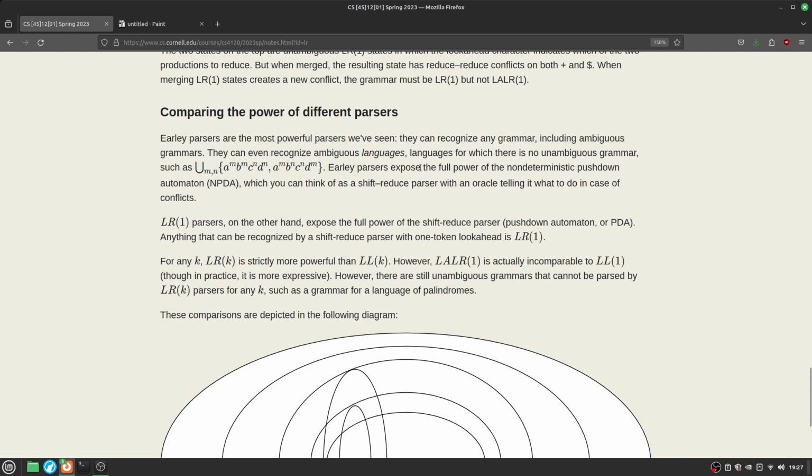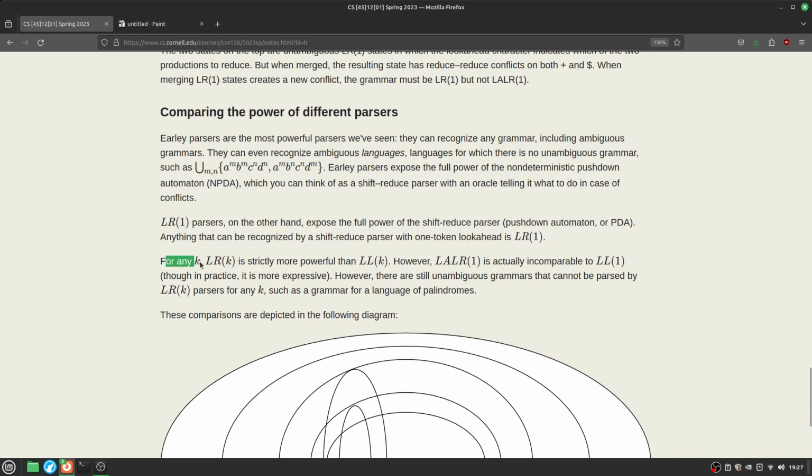It's an oracle in the sense that it tries out everything and then just determines the right one. LR1 parsers, on the other hand, expose the full power of the shift-reduce parser, or pushdown automaton, PDA. Anything that can be recognized by a shift-reduce parser with one token look-ahead is LR1.